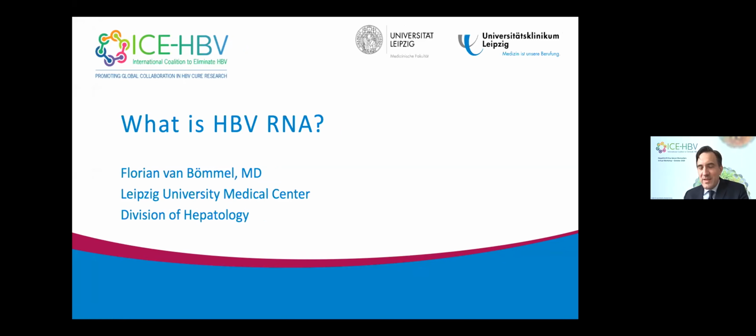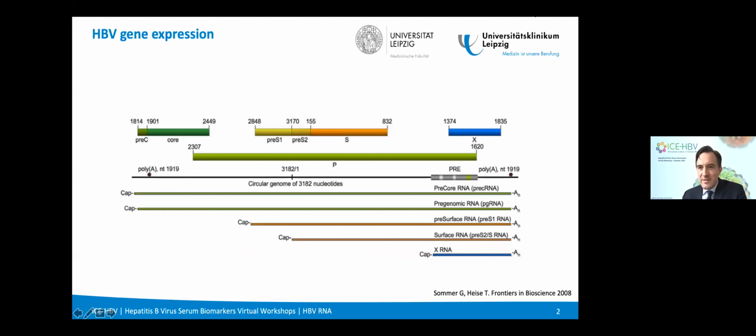What is HBV RNA is the title of the talk I was asked to give today, and I want to start up front with a little scheme here about HBV gene expression. Here you can see the genes of the hepatitis B virus, and below you can see that there are a couple of messenger RNAs that are needed to produce all those proteins.